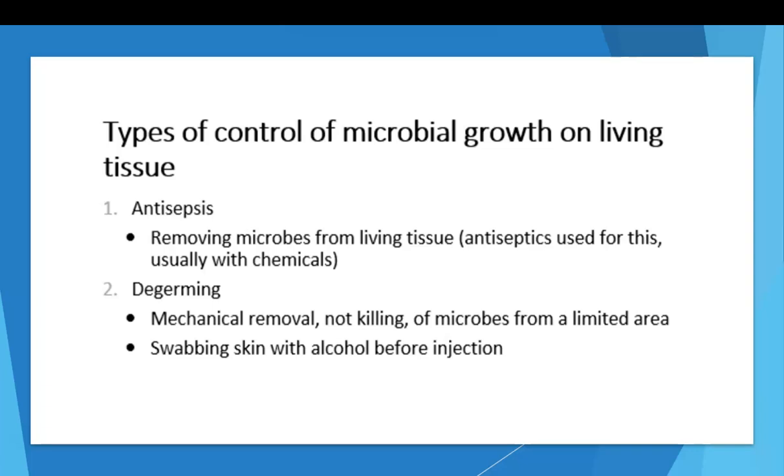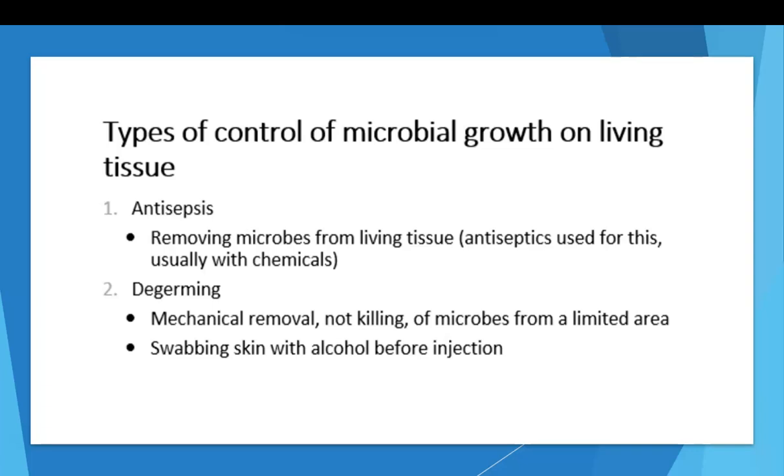Antisepsis means removing the microorganism from living tissue. For example, you use antiseptics, usually chemicals, to clean wounds. You use, for example, iodine or hydrogen peroxide to remove the microorganisms.